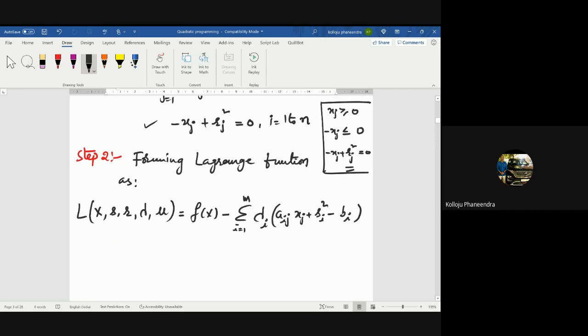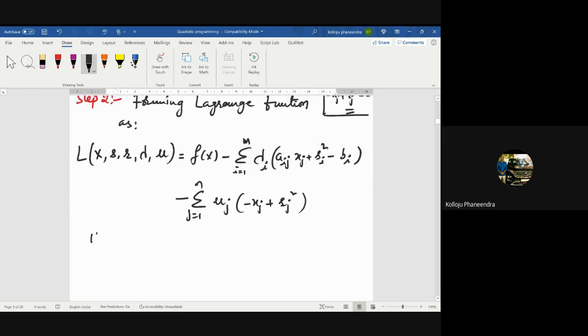For those constraints, I am taking mu j as the Lagrange's multipliers, j equal to 1 to n. This is for non-negative restrictions. This is Lagrange's function. Here lambda i, mu j are Lagrange multipliers.